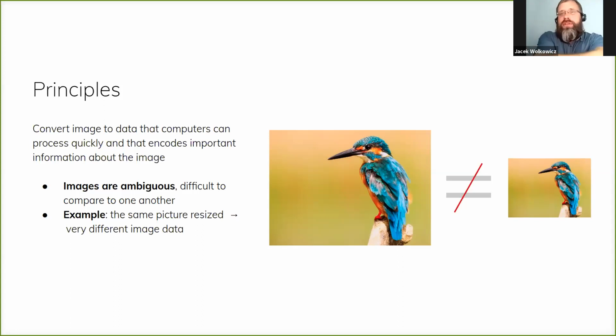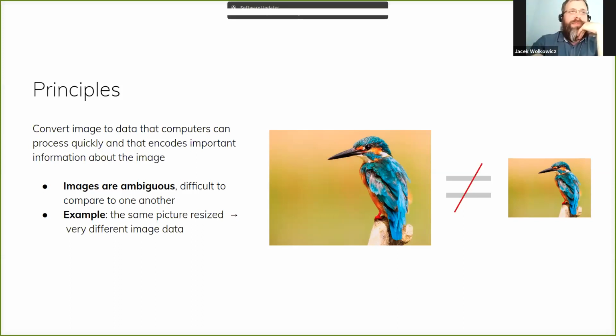They can be encoded differently, they can have slightly different crop, which means that all the pixels are going to be shifted. And if we have some very rigid method of dealing with them, then any small change will change the output drastically. So that's essentially the general problem that image recognition needs to deal with.